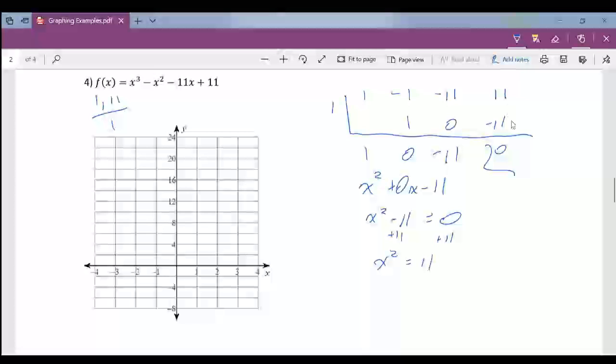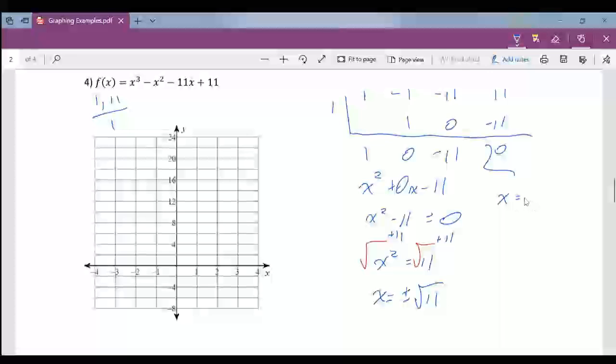Okay, add 11 to both sides, square root both sides of the equation, and we have simply that x equals, that looks absolutely terrible, let me do that again, x equals positive and negative square root of 11.